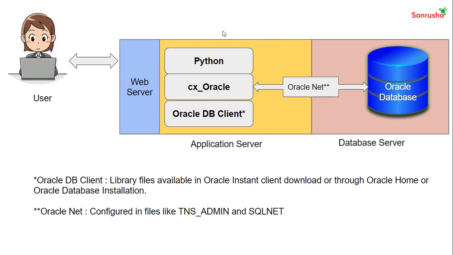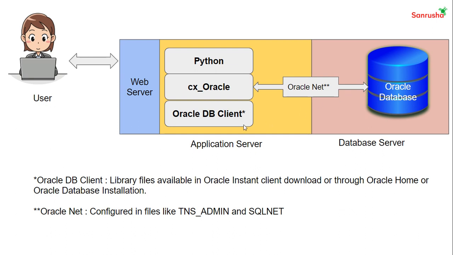So for example, consider your application server is built on a Unix platform. You need Oracle DB client, which is full of libraries, full of code written by Oracle, which will help you connect your application server, your machine, with Oracle database.